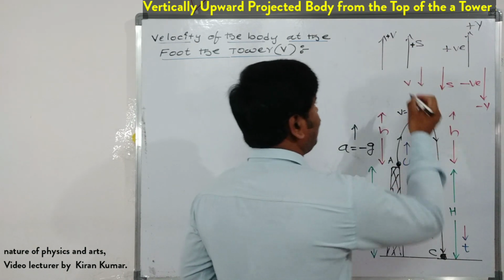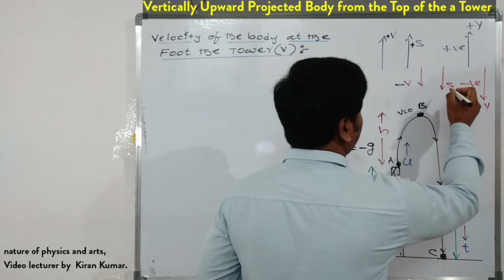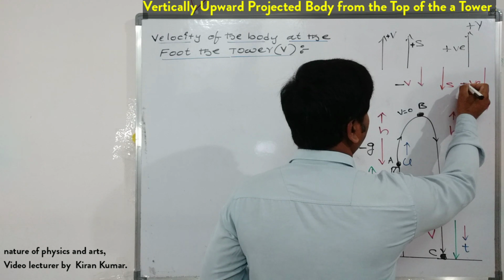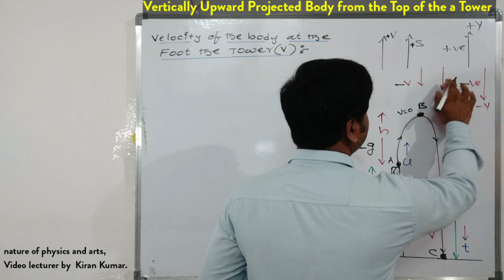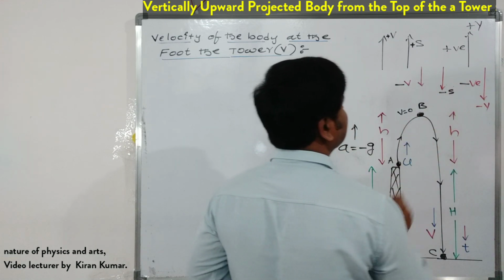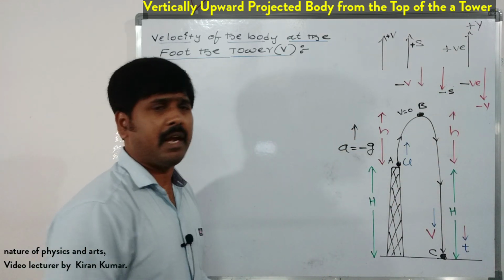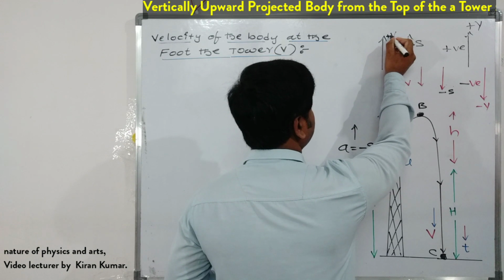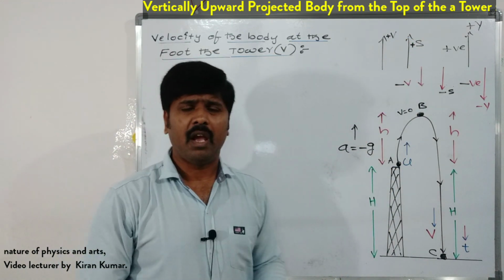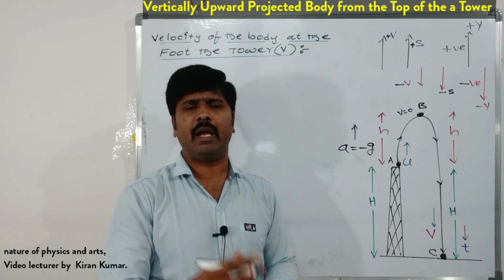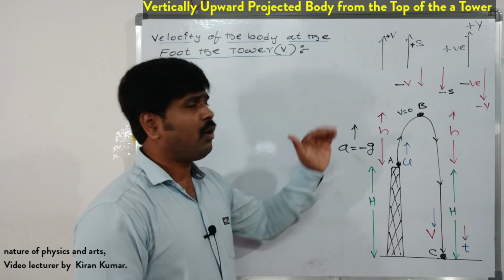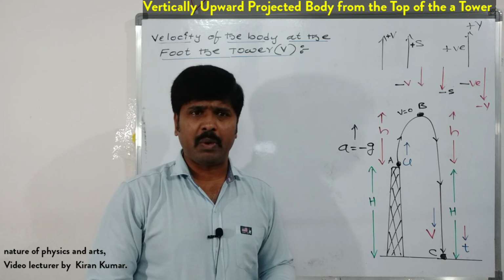Okay, and downward direction velocity is negative and downward direction displacement is also negative, minus s. Try to understand. Upward direction is positive and downward direction is negative. Along the negative y-axis, we are considering negative values for velocity and displacement, and along the positive y-axis, positive values.